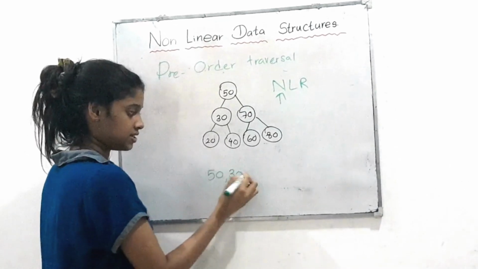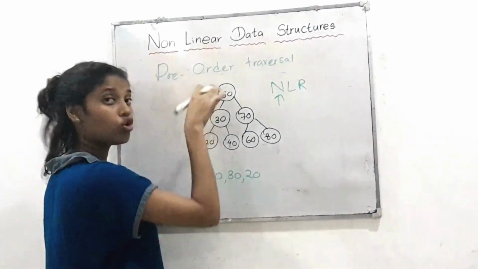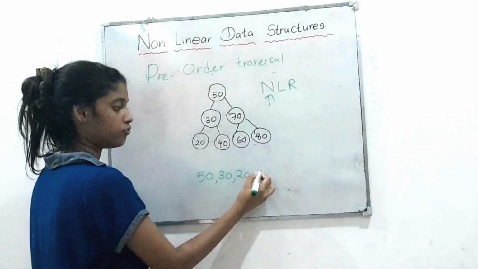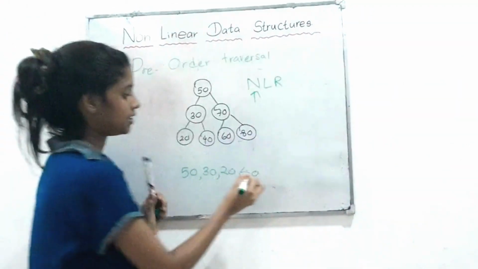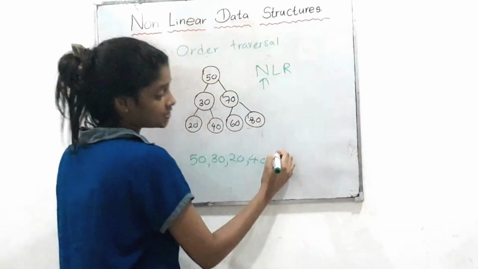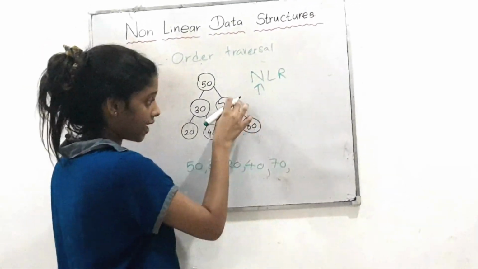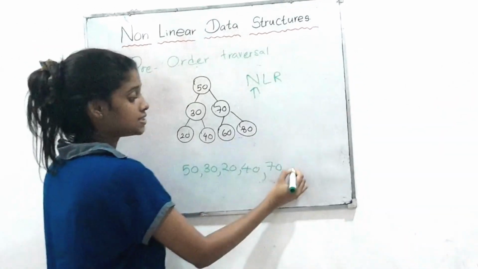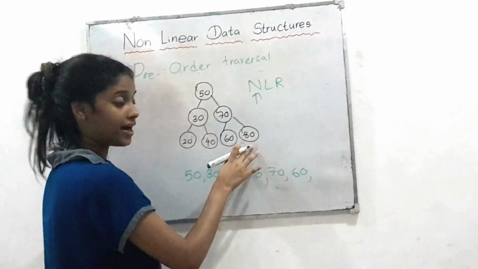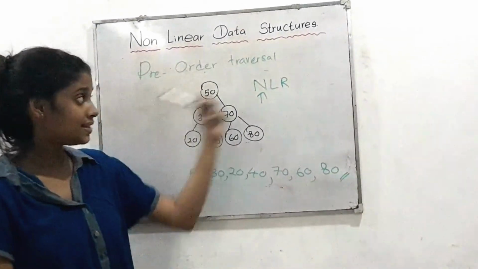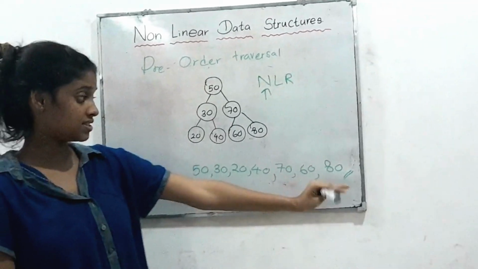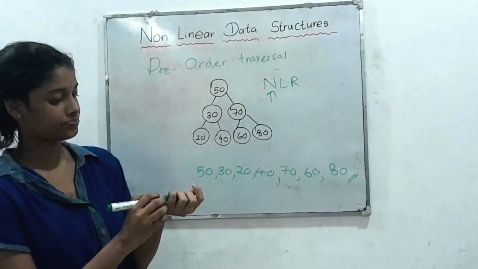Left side first, 20. Then you go to the right side, 40. Okay, now the left side is completed. Next, we go to 70. And left side we have 60. And right side we have 80. So, this is the pre-order traversal answer for this tree.